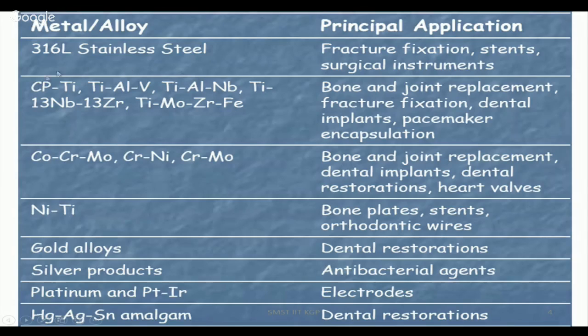These different implants are also used for bone joint replacement, fracture fixation, dental implants, pacemaker encapsulation, etc. Cobalt chromium molybdenum is also used as an implant, specifically for femoral head, joint replacement, dental implants, and heart valves, where the ring is made of cobalt chromium or cobalt chromium nickel.